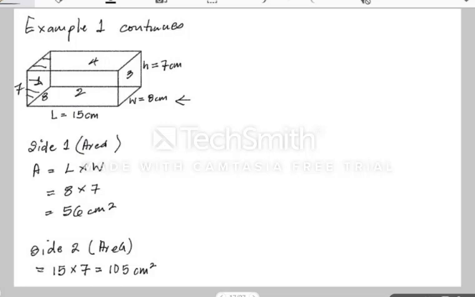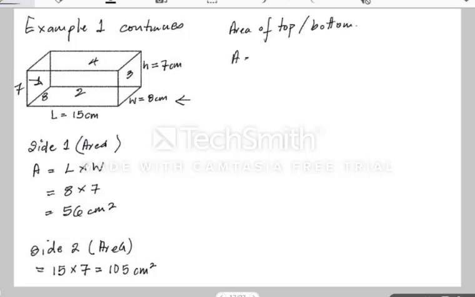And sides 1 and 3 are identical. So I wouldn't need to do side 3 because I already did side 1, and I wouldn't need to do side 4 because I already did side 2. All right, let's talk about the area of the top and the bottom.